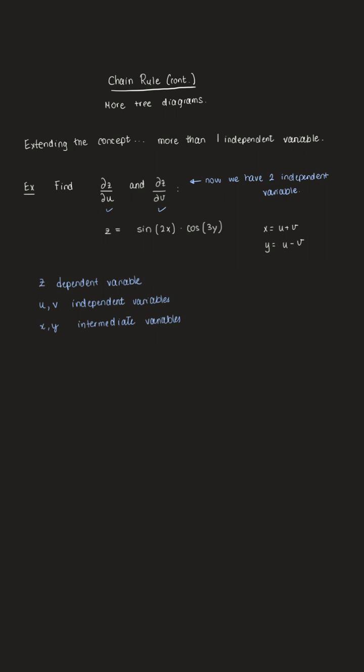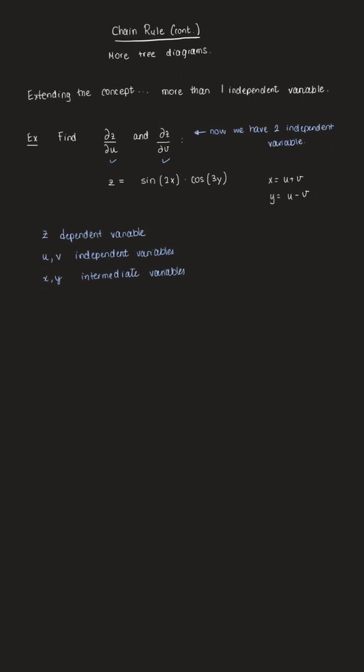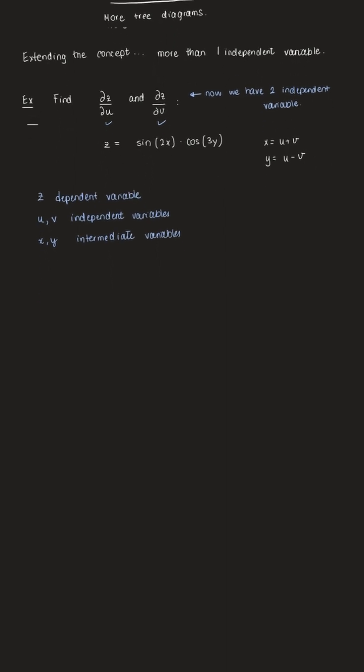So let's create a chain rule tree diagram for the situation that we have, and then we'll apply it to our example. All right, so we're starting with our dependent variable z. I'm going to also write down our intermediate variables and our independent variables this time.